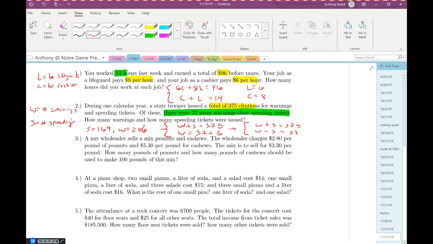How many variables? Well, how many things are they asking for? Two, right? What are the two things they're asking for? Good. So I'll use P for pounds of peanuts and C for pounds of cashews.